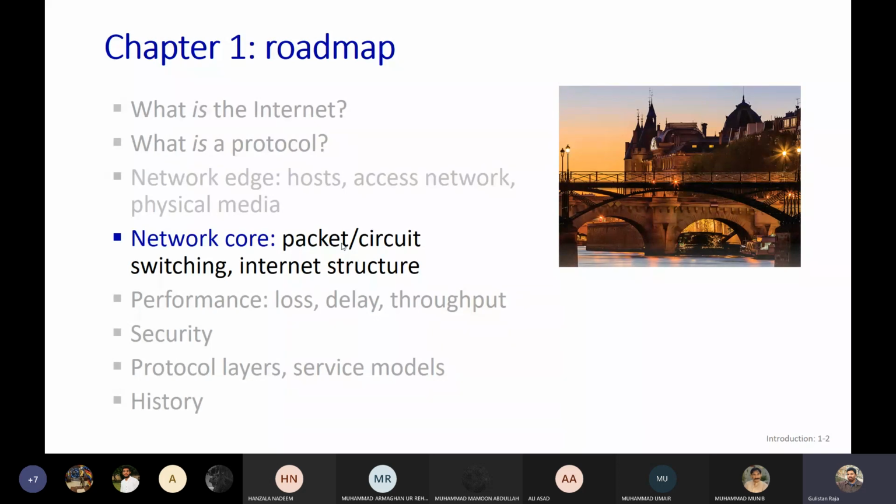So I hope you now have an idea about the architecture of the internet, the definition of protocol, and network edge, media, various types of media like guided media, unguided media, copper, optics, etc. So now today we are going to start the network core.